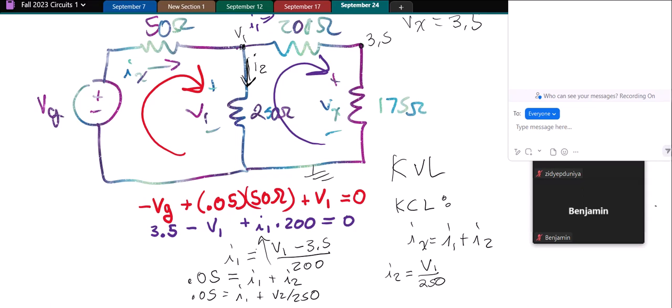So now, not V2, V1. So now this one has I1 and V1, and this one has I1 and V1, so I could solve those two together.